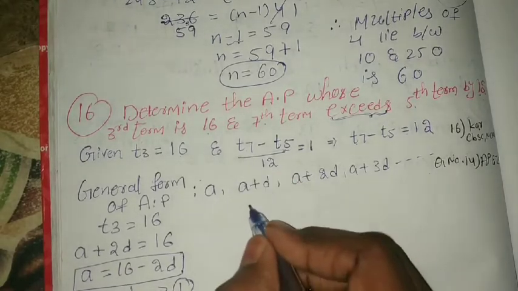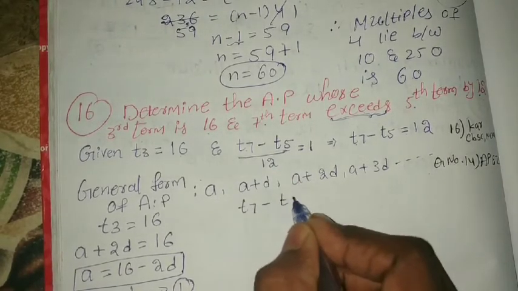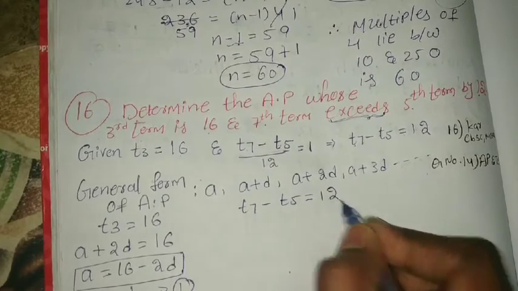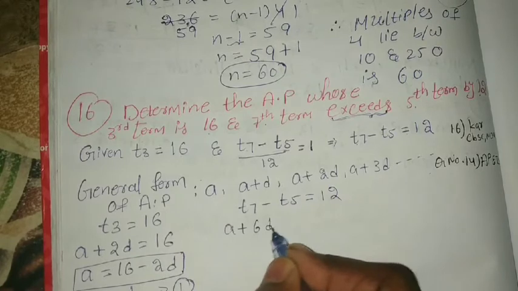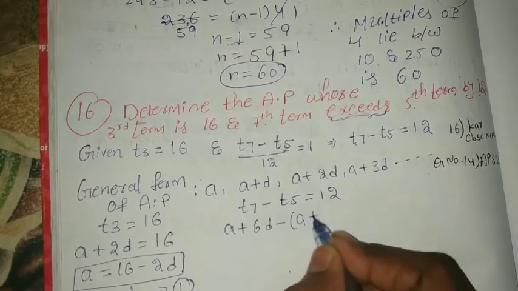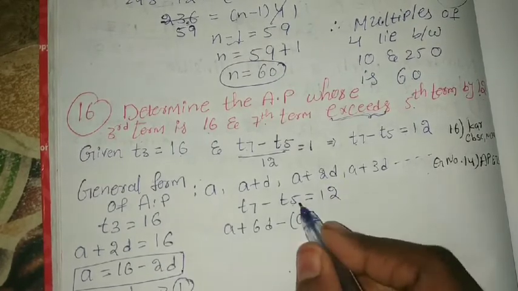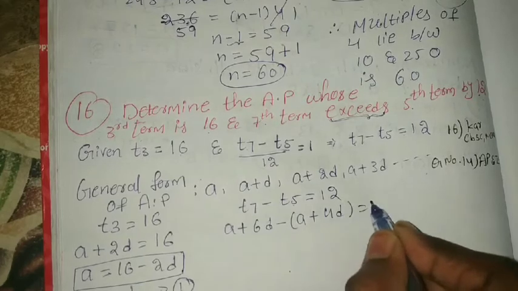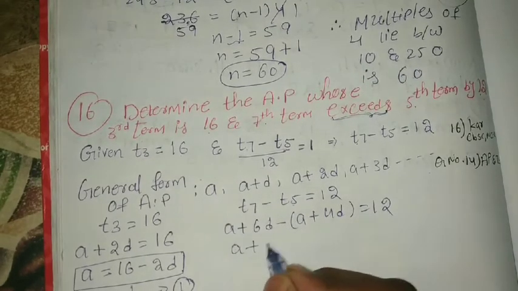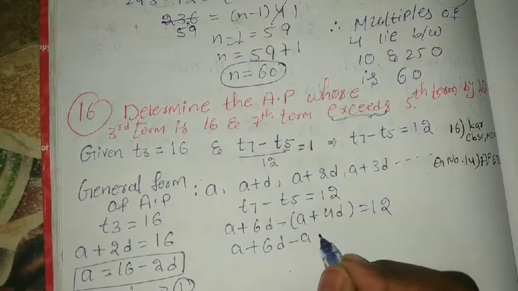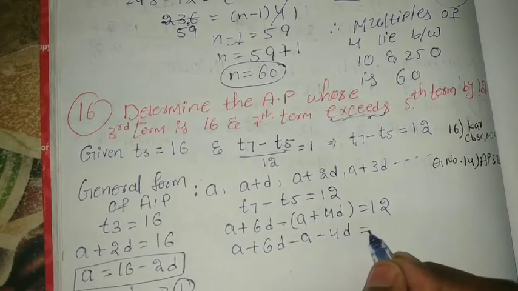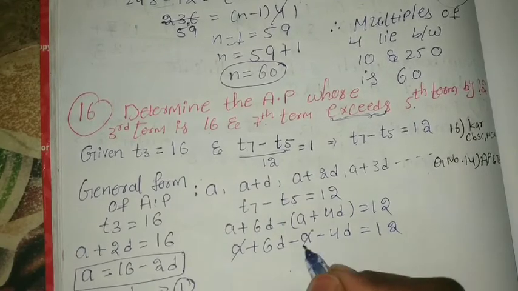And next, see here. Term 7 minus term 5 is equal to 12. So what is term 7 here? a plus 6d minus, a plus 4d, is equal to 12. a plus 6d minus a minus 4d, a and minus a cancel.